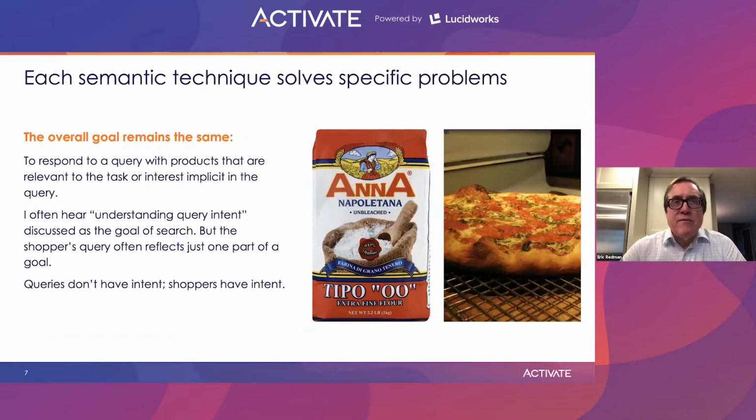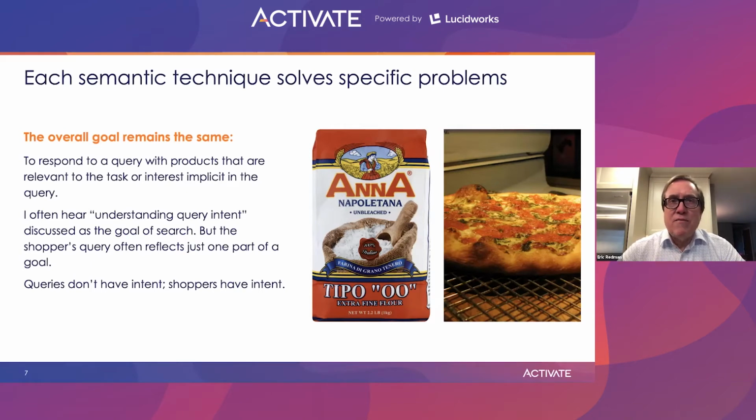So I think it's useful to think about semantic search as being built today from a combination of techniques, each solving specific problems. But the overall goal in digital commerce is to respond to a query with products that are relevant to the task or the interest that the shopper has.